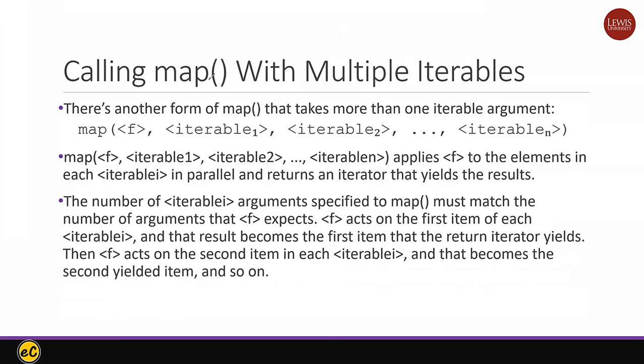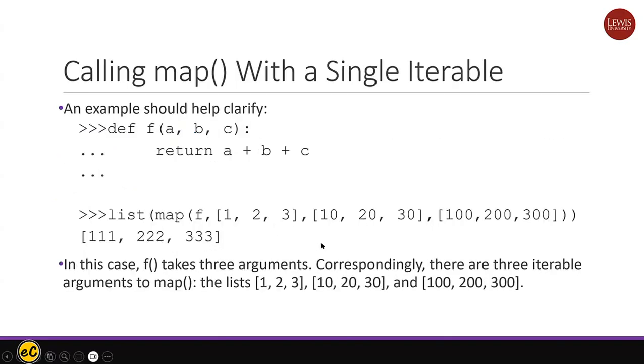You can also map with multiple iterables. So you have iterables and then the f will be applied to each of the iterables. Okay. So it's applying the function to each individual one. So function f will sum up 3 data.